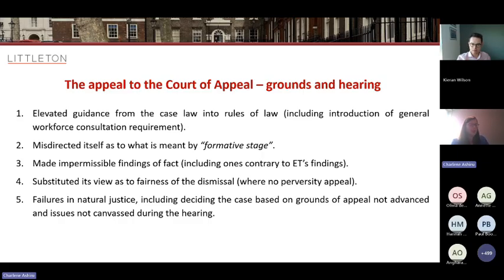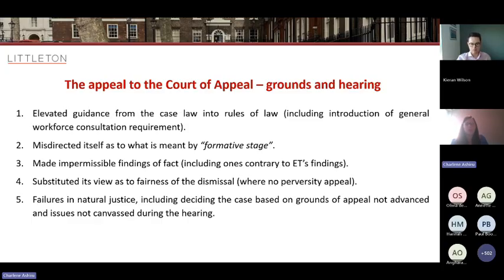Now, the discussion at the Court of Appeal really focused on consultation on the selection criteria and the stage at which the scoring took place. Now, the Court of Appeal was not happy with the fact that the scoring had been done before the selection criteria was sent to employees and before the consultation had commenced.